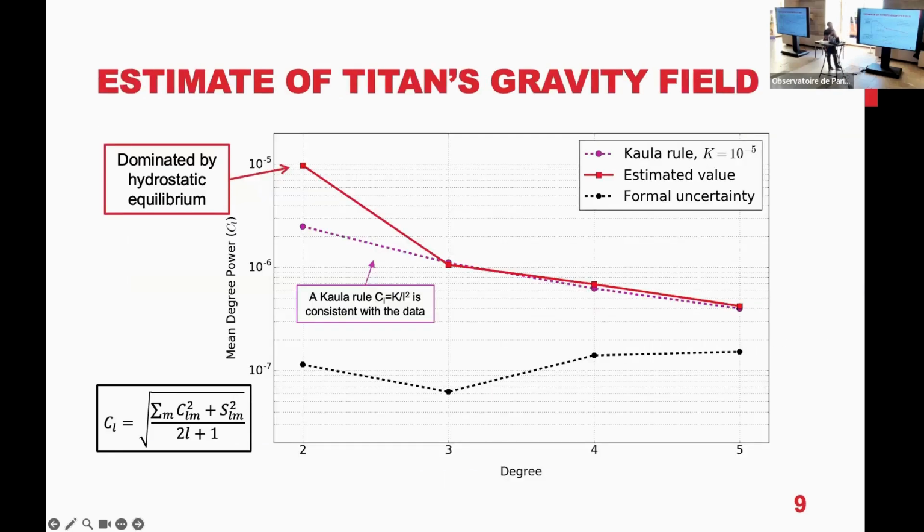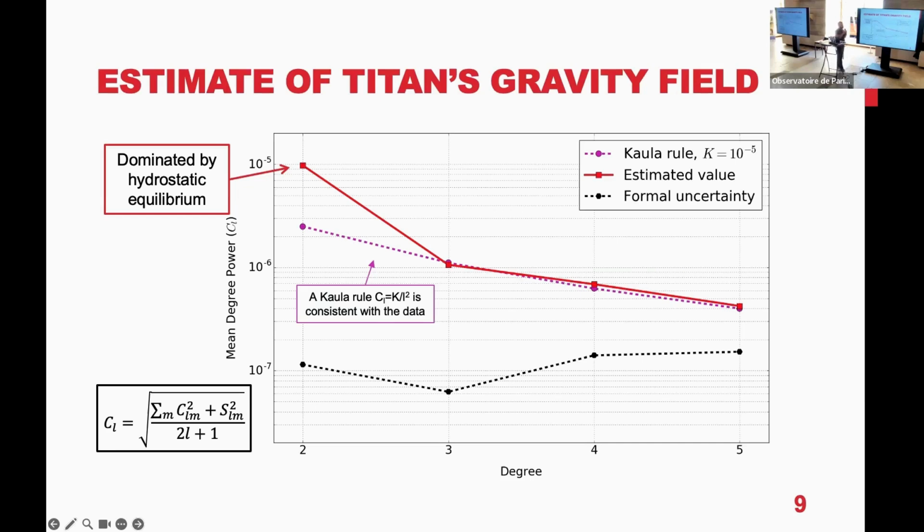So here in the plot, I reported the root mean square of the gravity coefficients as a function of the degree, so the power spectra. And you can see that the estimated value for all the different degrees, so the red line, is larger than the formal uncertainty, which is instead the dashed black line.